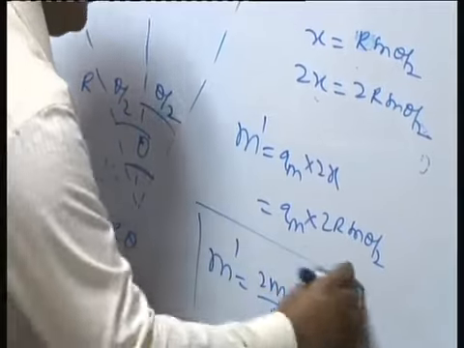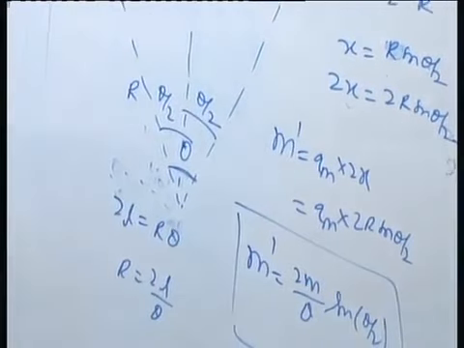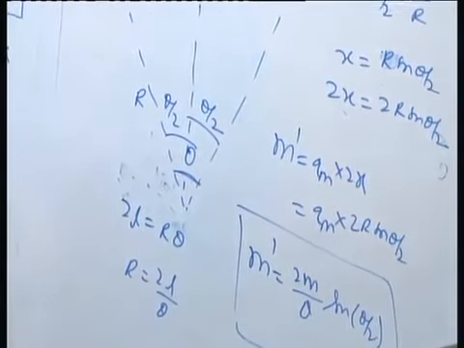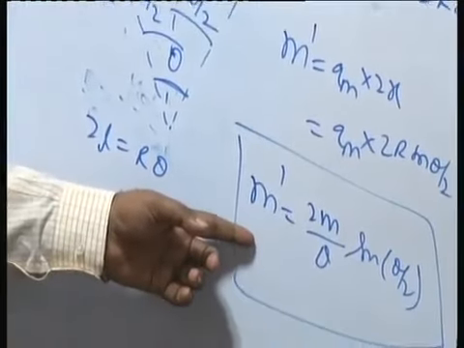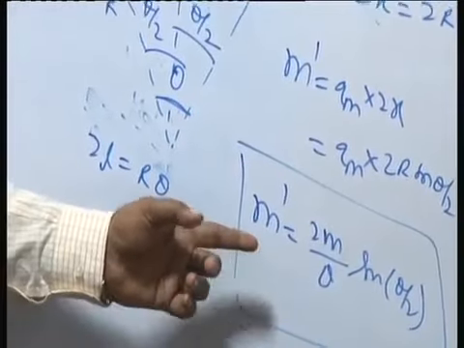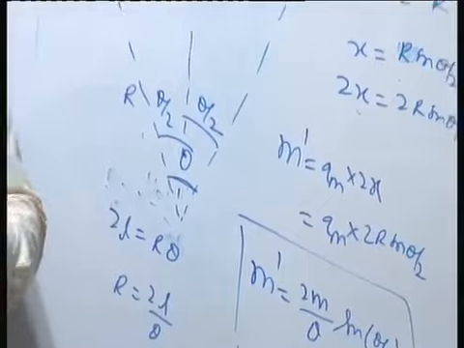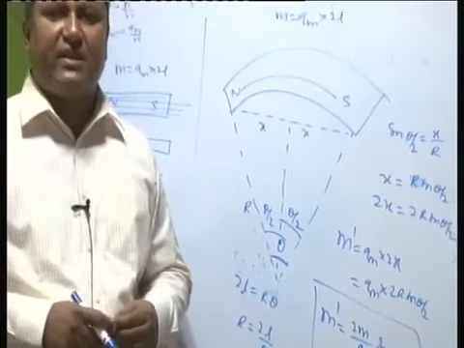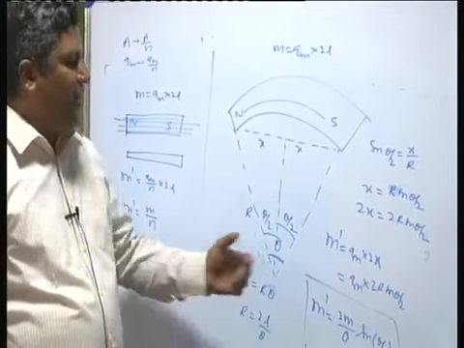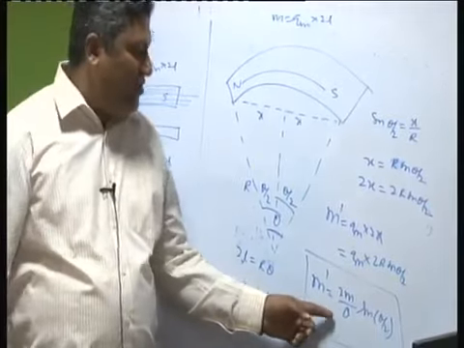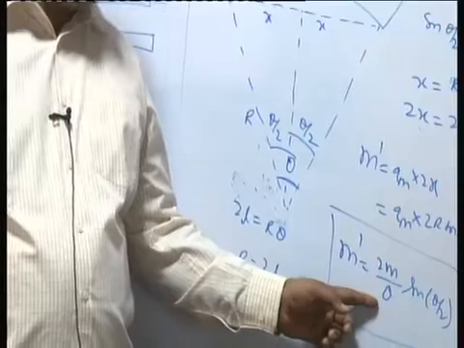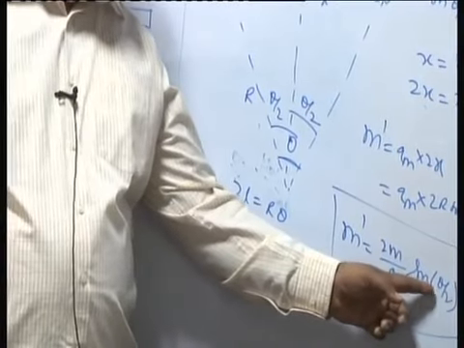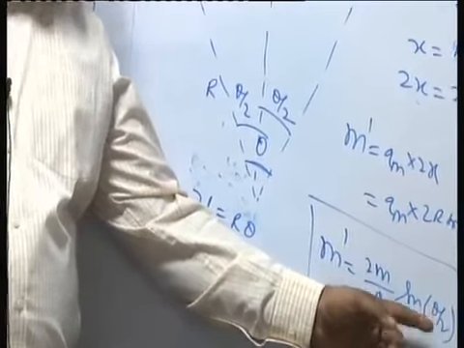So whenever you get a question based on this concept in a competitive examination, you can use this equation directly, and you can find the magnetic moment of a bar magnet when it is bent into 1/4 of a circle, a semicircle, or 3/4 of a circle. For example, if it is bent into a semicircle, then theta becomes pi, because here theta is in radian, but here theta by 2 is 180 by 2, 90 degrees.